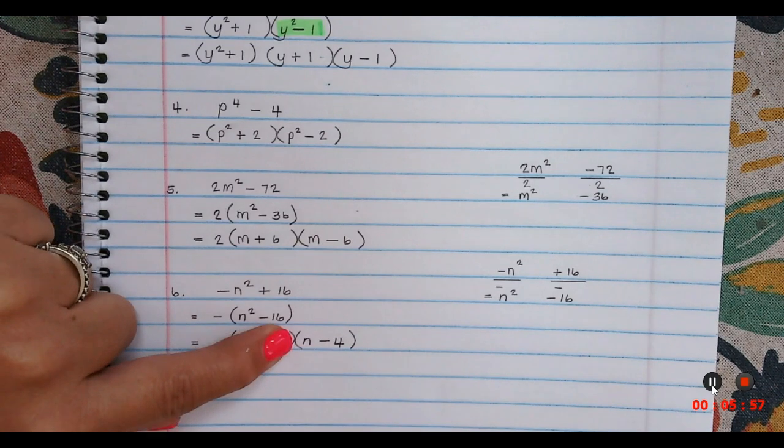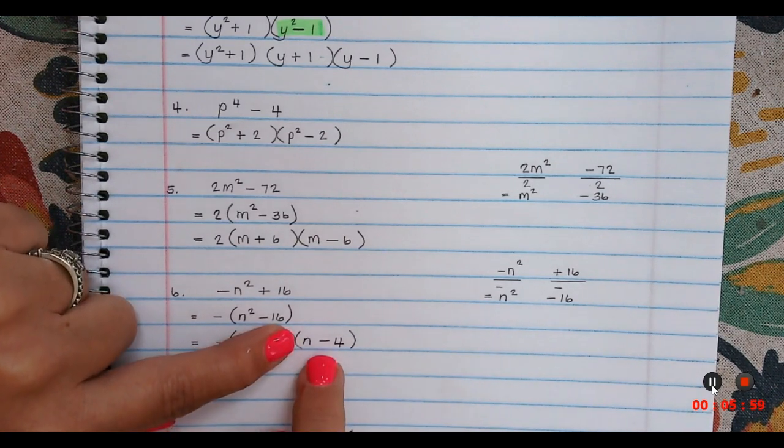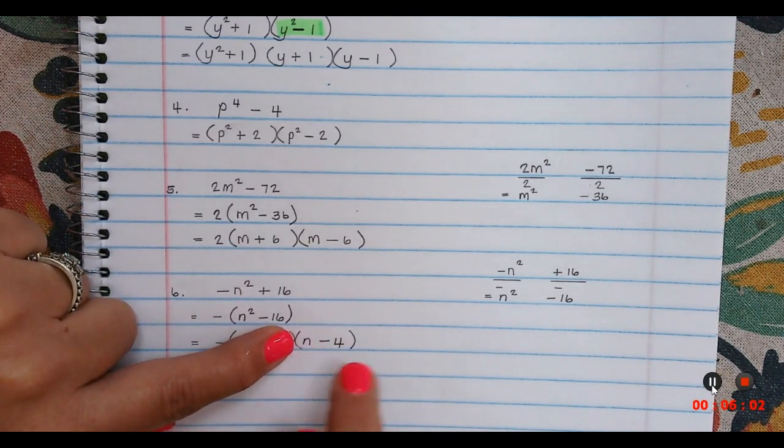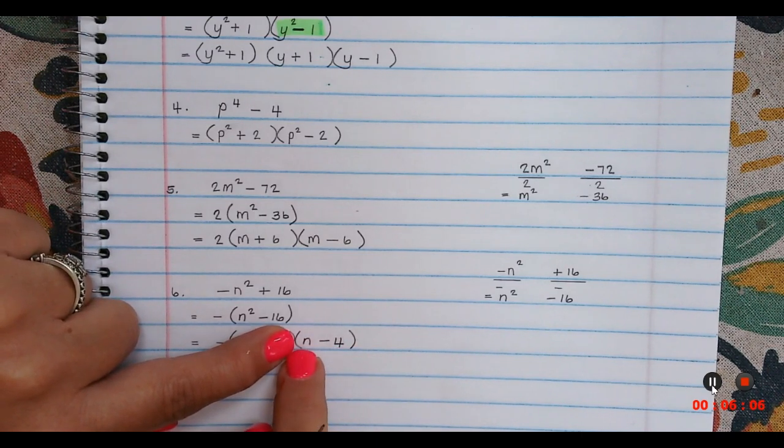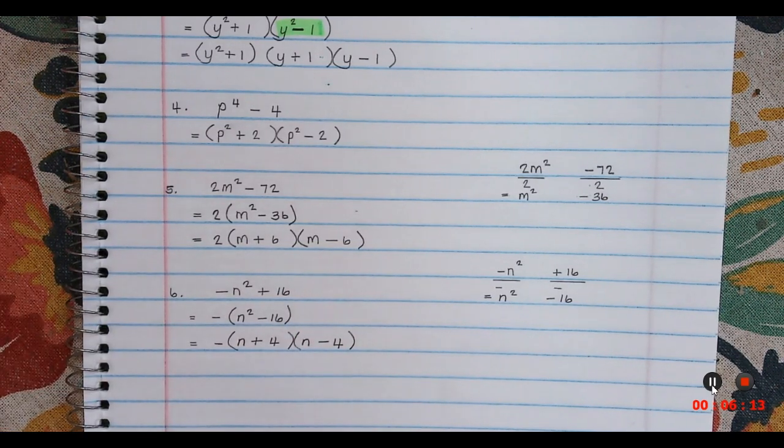I go back to my tick boxes. 2 terms, negative. 4 is indeed a square number, but the n is throwing me out because that one does not have an equal exponent. It means that this one is completely factored.